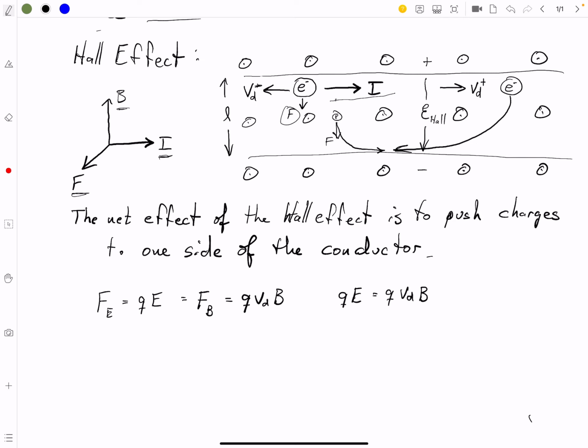And this is our Hall EMF. I'm sorry, our E Hall.